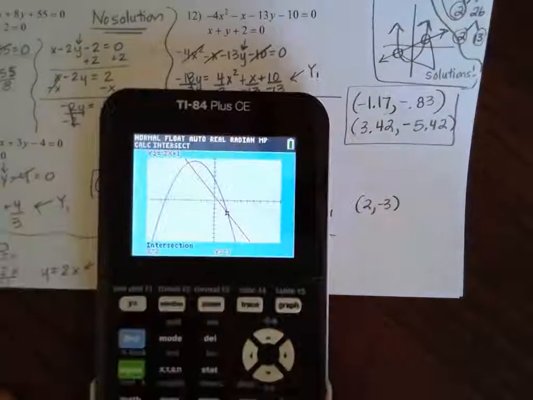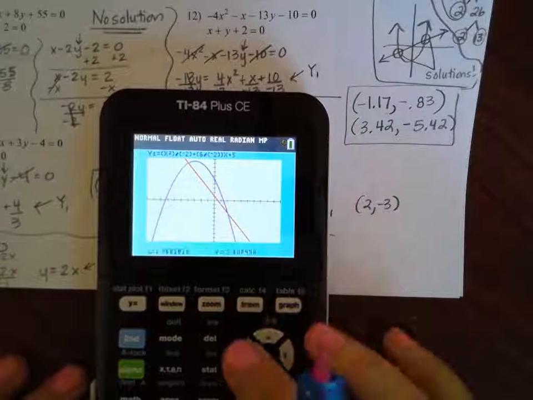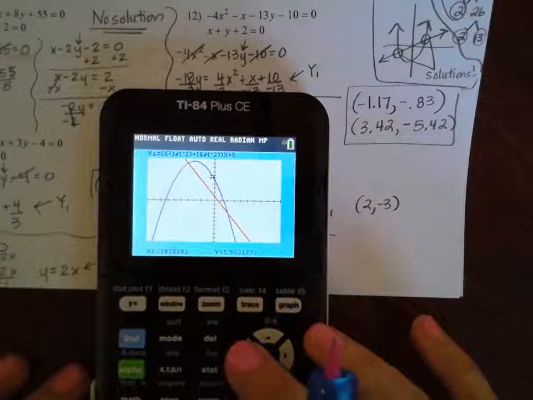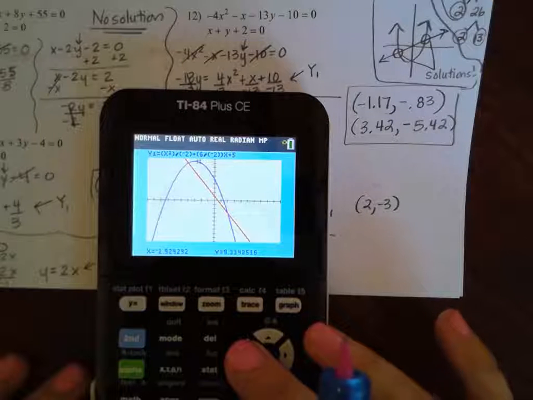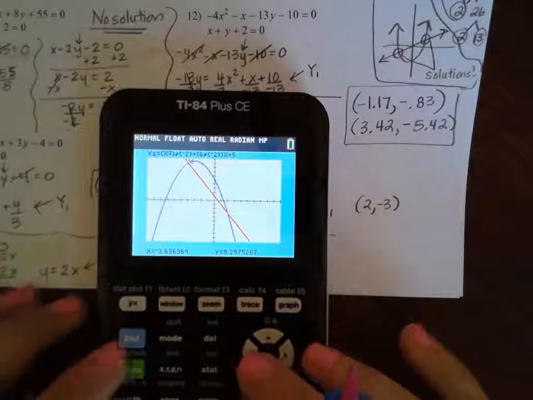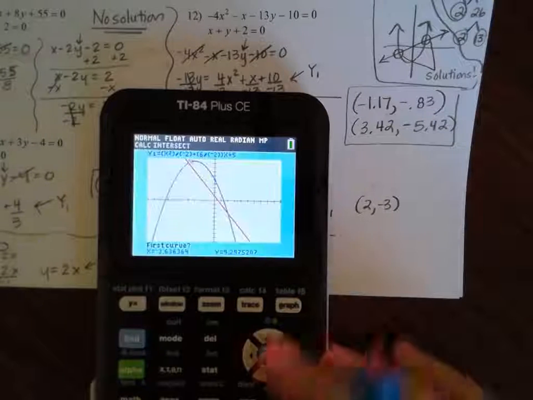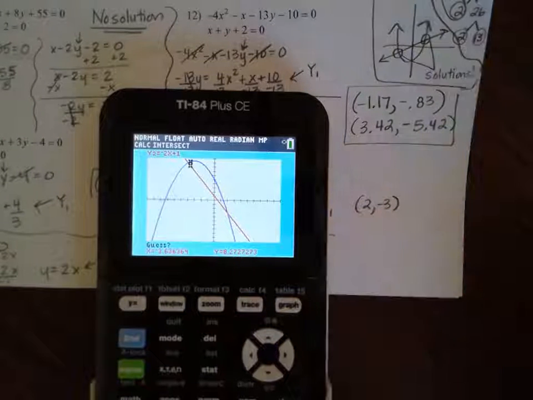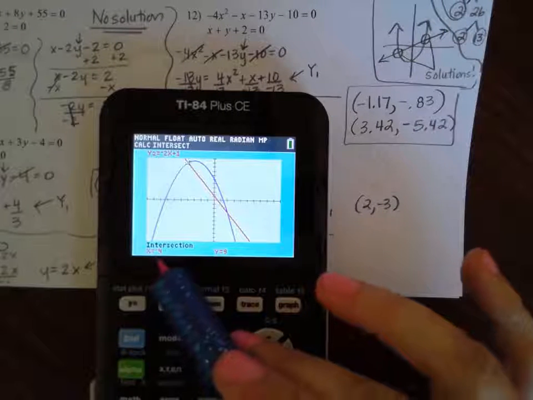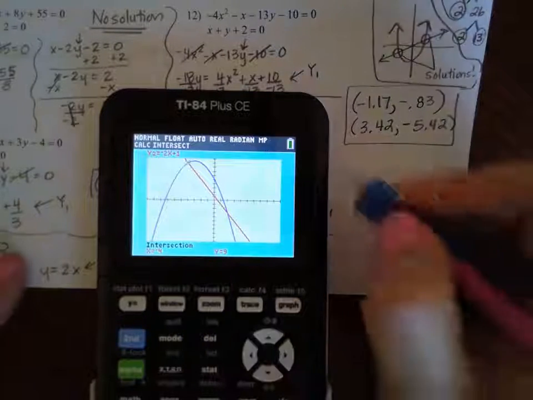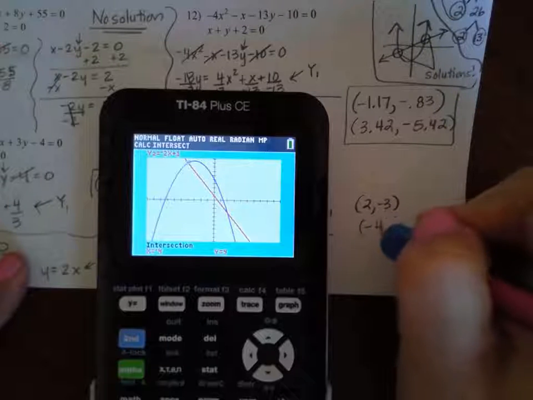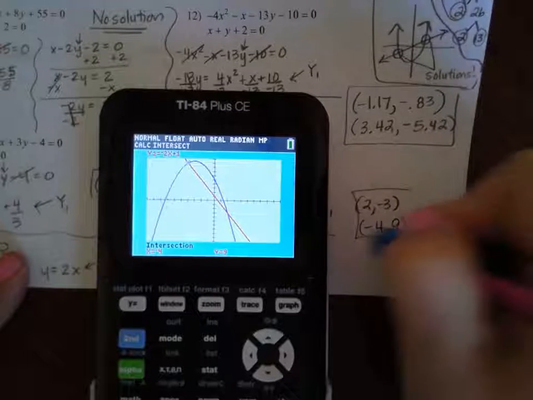Our other solution, let's see, hit trace, move your way a little bit closer. So second trace, number 5, 1, 2, 3 on the enters. And we get negative 4, 9. So those come out to be nice whole numbers. Negative 4, 9 is your other solution.